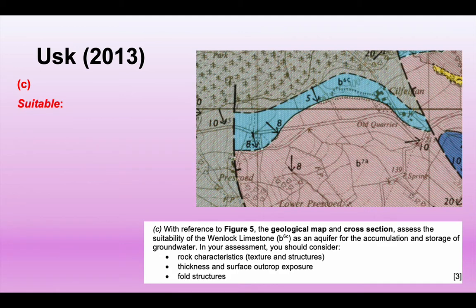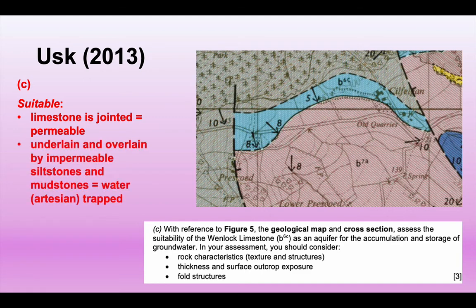Now we could talk about the fact that this particular unit would be suitable. Clearly this limestone is permeable. We've got the vertical joints, we've got horizontal bedding planes, so water has pathways to move through that rock. Above and below we have low permeability rocks, siltstones and mudstones, so any water in that limestone could well be under pressure.